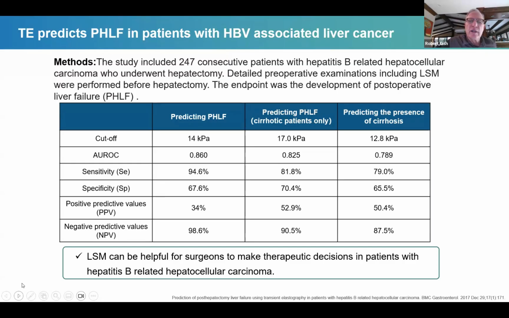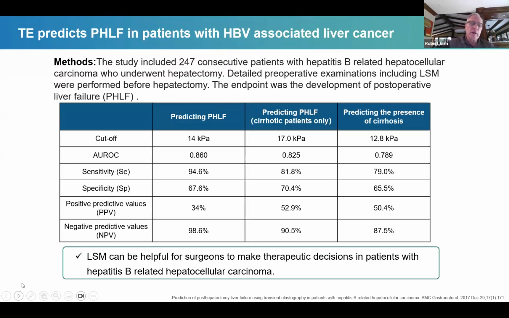This is quite interesting that in the cirrhotic patients only, the risk of post-hepatectomy liver failure had a cutoff of 17. Predicting the presence of cirrhosis was 12. It's interesting that some of those cirrhosis patients, of course, could tolerate the surgical resection. So this is a new tool that can help surgeons.